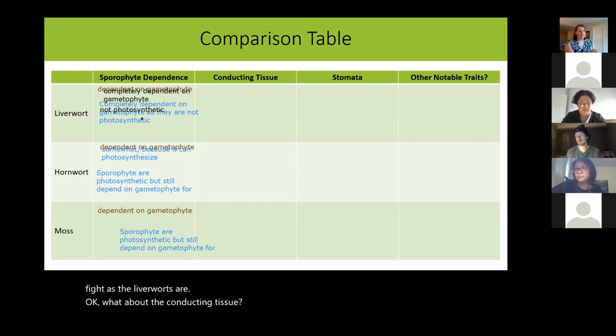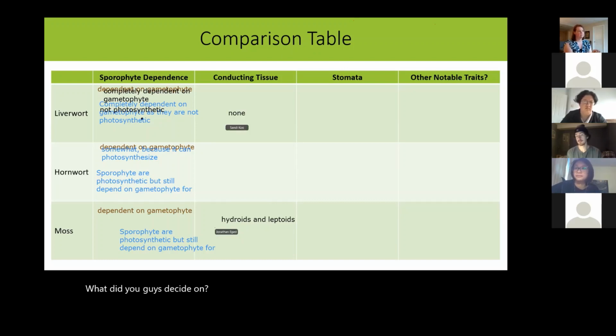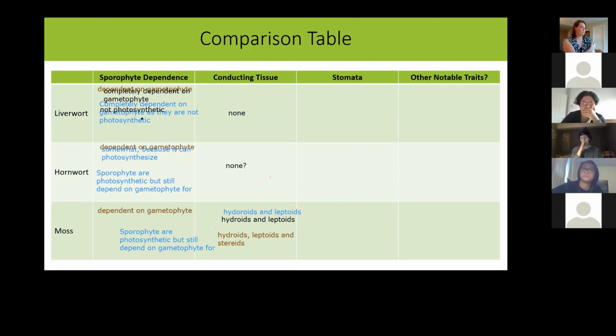Okay, what about the conducting tissue? What did you guys decide on? So it seems like for the moss, people are talking about the hydroids and the leptoids.